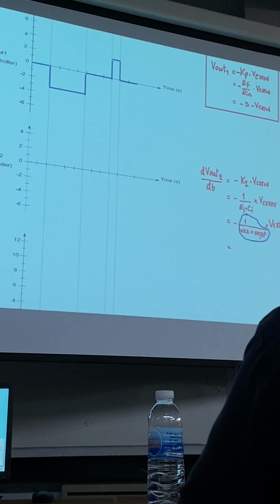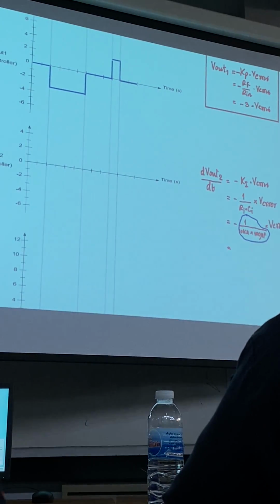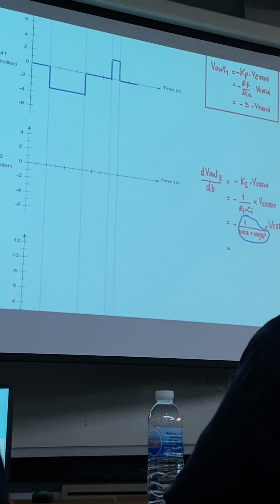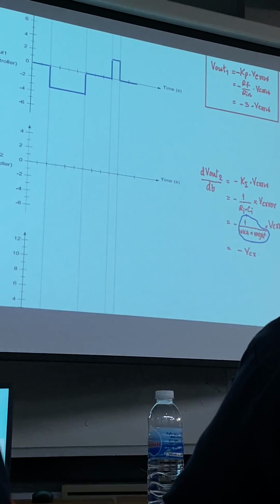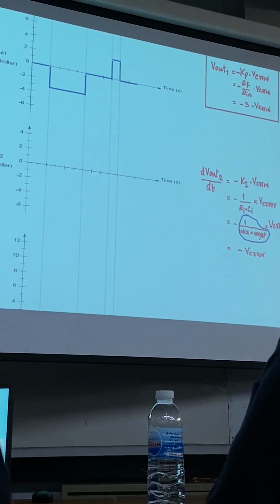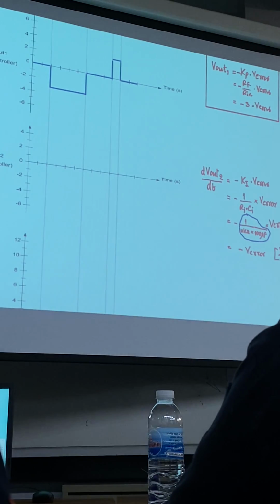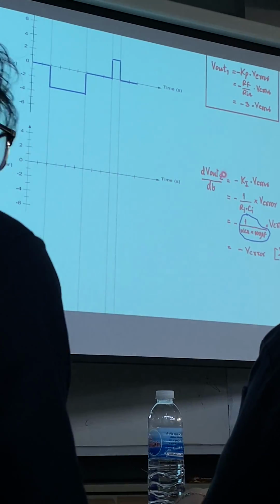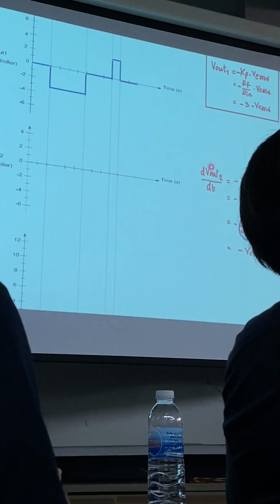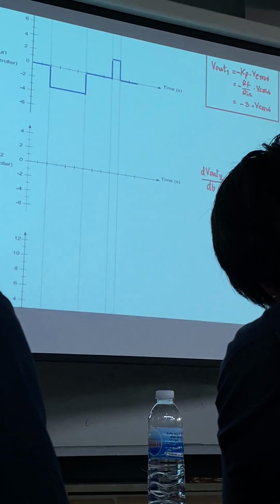So 1 over 10 kilo ohm times 100 microfarad will equal 1. Then the last equation must be minus 1 multiplied with V. What is the unit? Volt per second. Why volt per second? Because now the equation is trying to determine this rate of change, the relationship between Vout and time. So the unit will be volt per second.